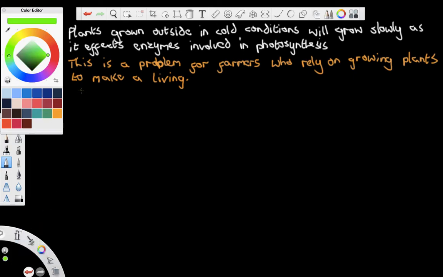Now you will hear this word yield in chemistry as well, okay? But when we talk about yield in any sort of reaction, it's how much of a product we can get from a reaction.